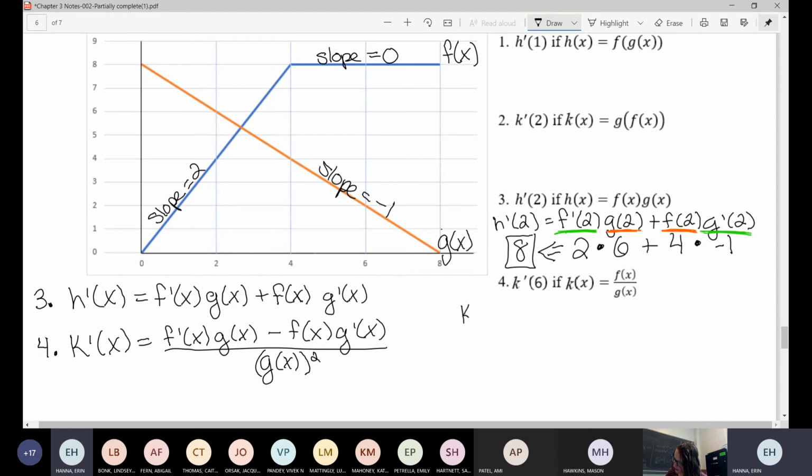So essentially I'm going to want all of those values evaluated at 6. So f prime of 6, g of 6, minus f of 6, g prime of 6, all over g of 6, all squared.